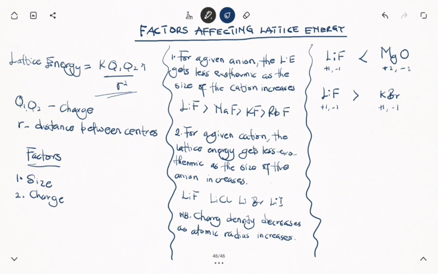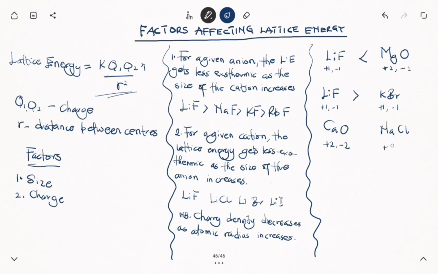Now let's look at calcium oxide and sodium chloride. For calcium oxide, calcium has a charge of +2 and oxygen is -2.